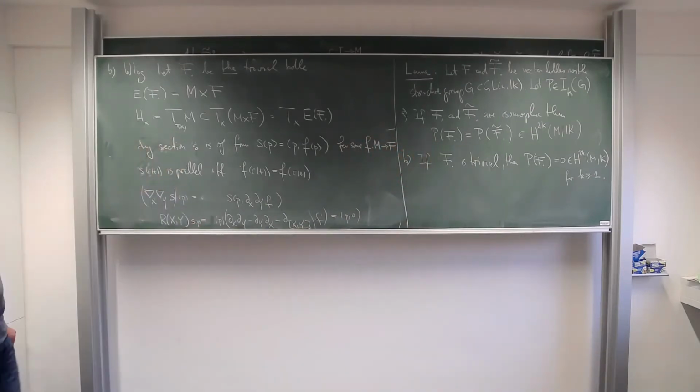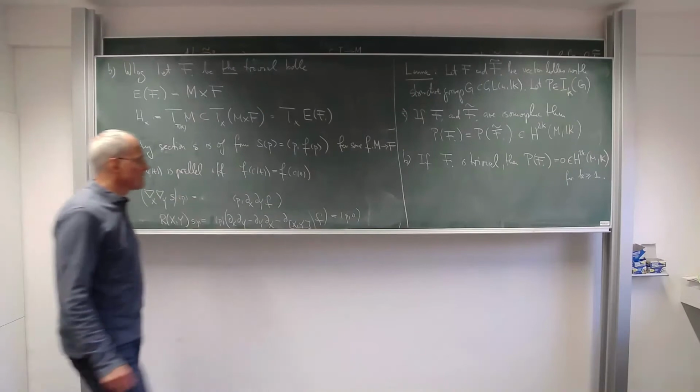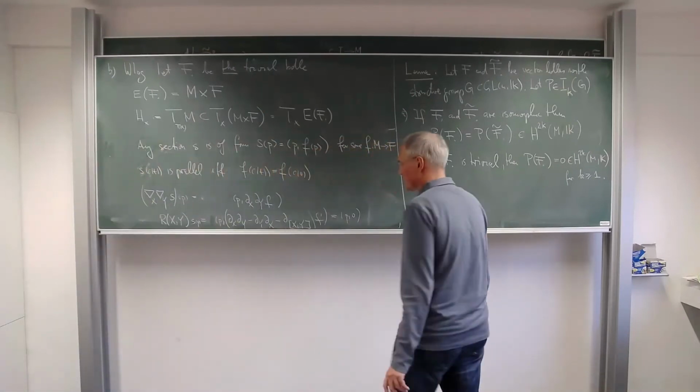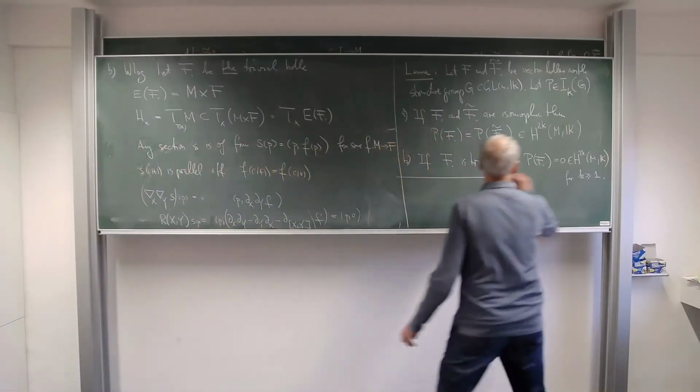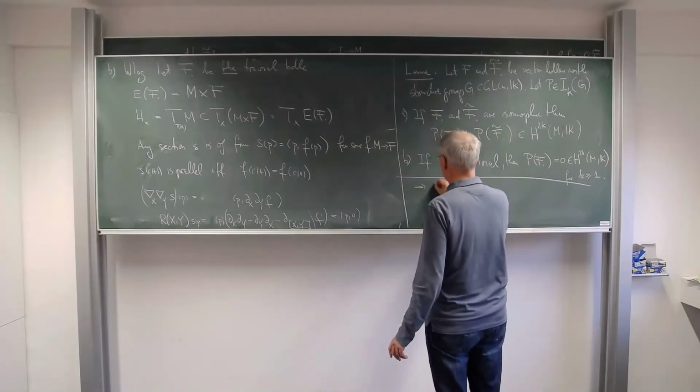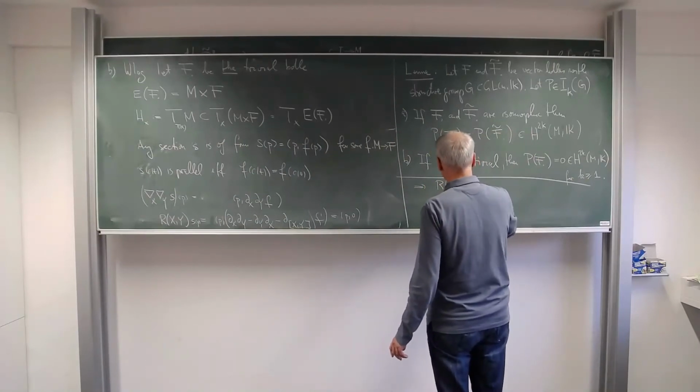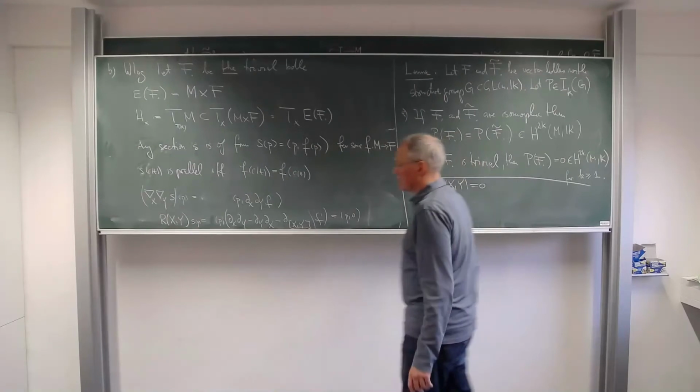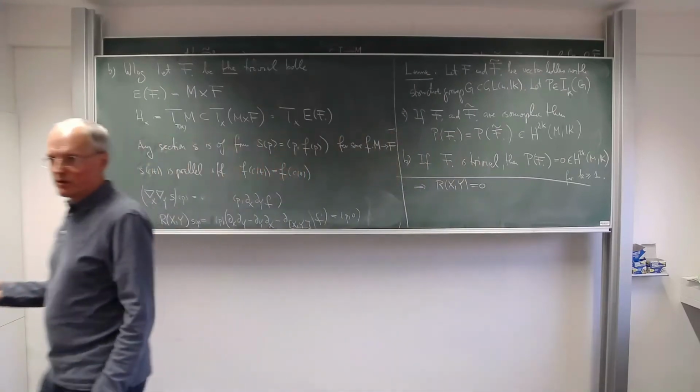That s should go. Here too, yeah. Okay, so the curvature tensor is just 0 for this connection. And that's the whole upshot. So I have constructed a connection with vanishing curvature tensor.